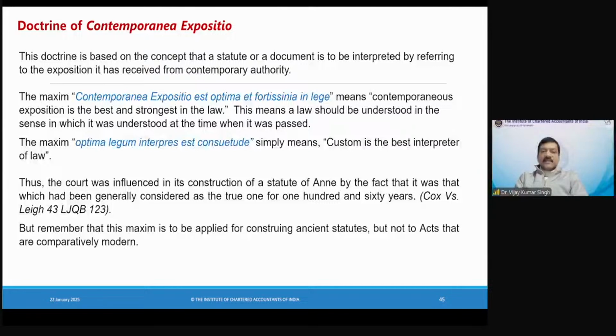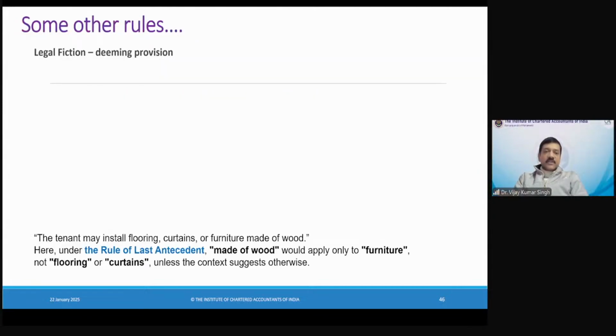Other than this, there are some other rules which I wanted to touch upon, like legal fiction. This is not part of your syllabus, but you will find in many of the legislations, there are deeming provisions. So these are legal fictions which are created. I'll give you one example.